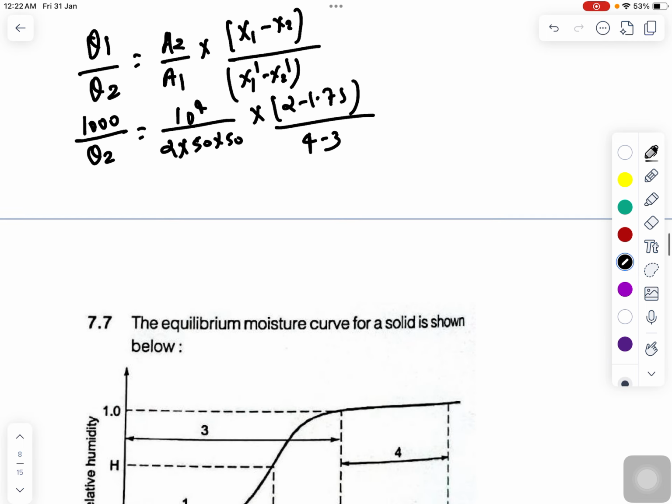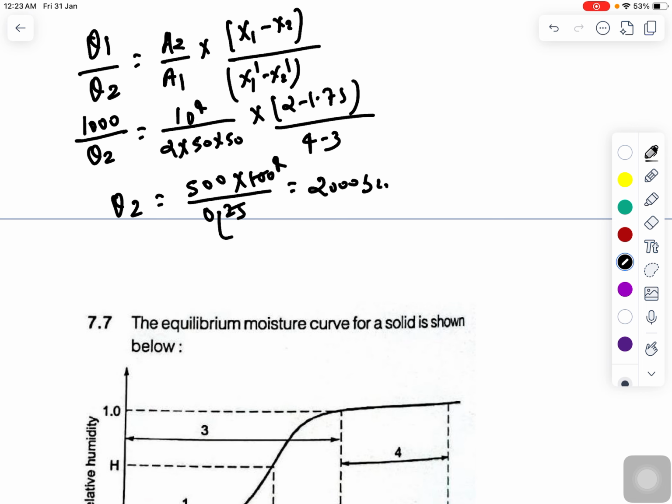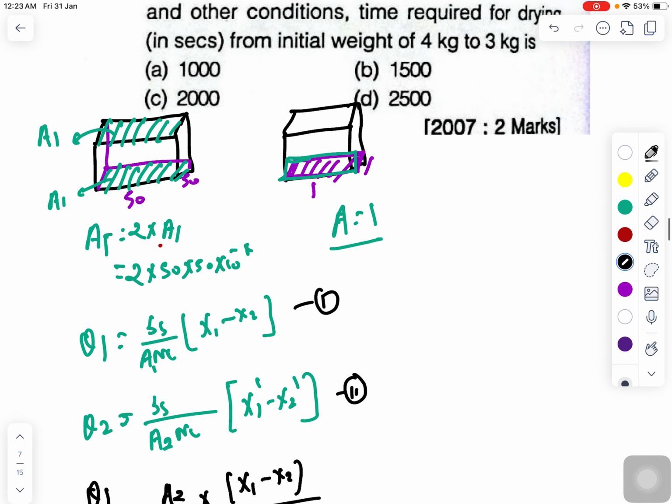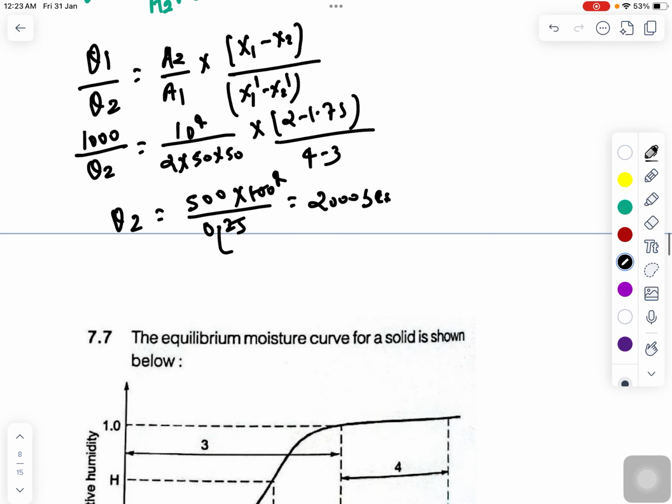It's a very simple calculation. Now you can calculate these things very easily. Once you do the calculation, you can get theta 2 equal to 500 divided by 0.25. Again from here you can get 100. So you will be getting the answer 2000 seconds. So this is in seconds, yeah, so you will be getting a 2000 second answer.